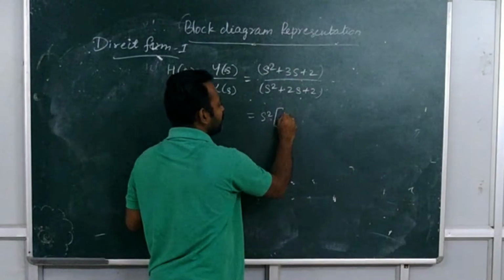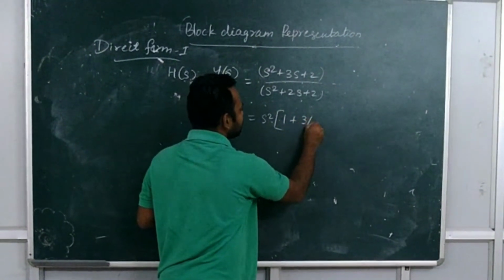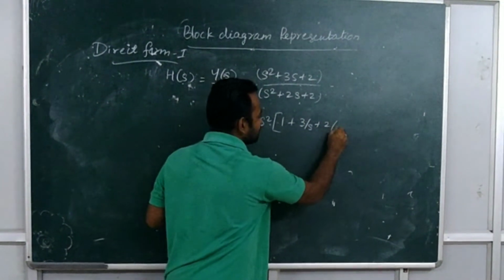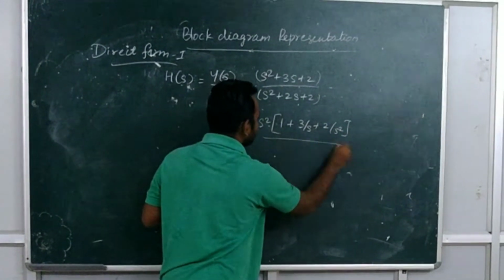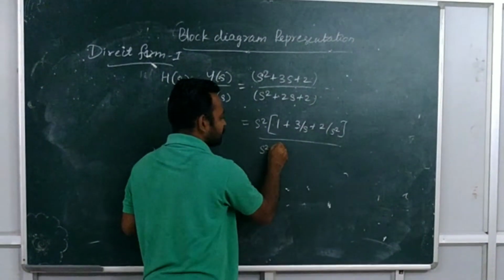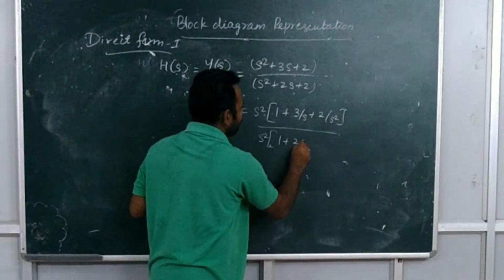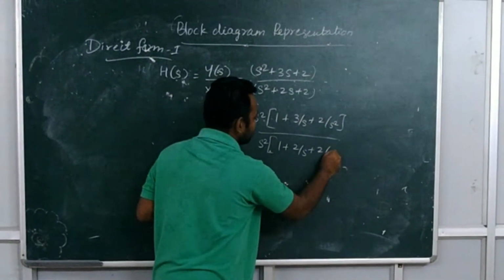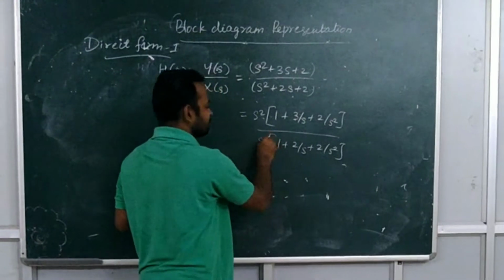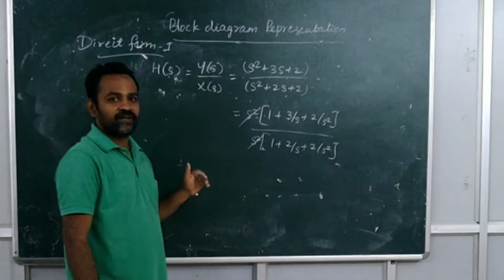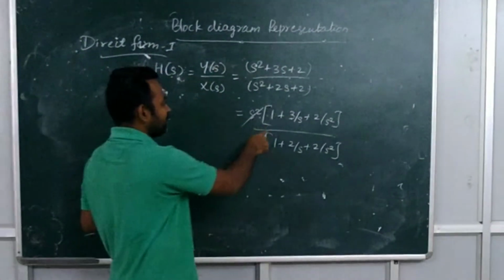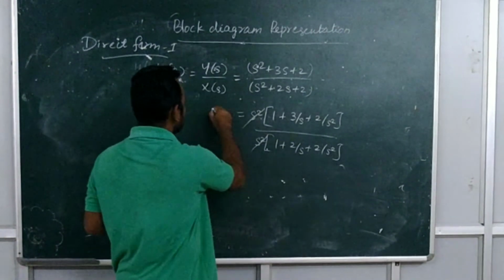Therefore we have 1 plus 3 by s plus 2 by s square. Similarly, in the denominator, if we take the s square term outside, we get 1 plus 2 by s plus 2 by s square. Now the s square terms cancel.